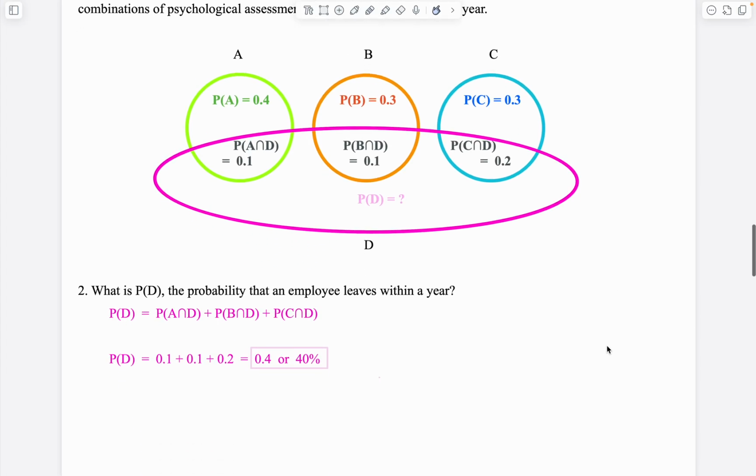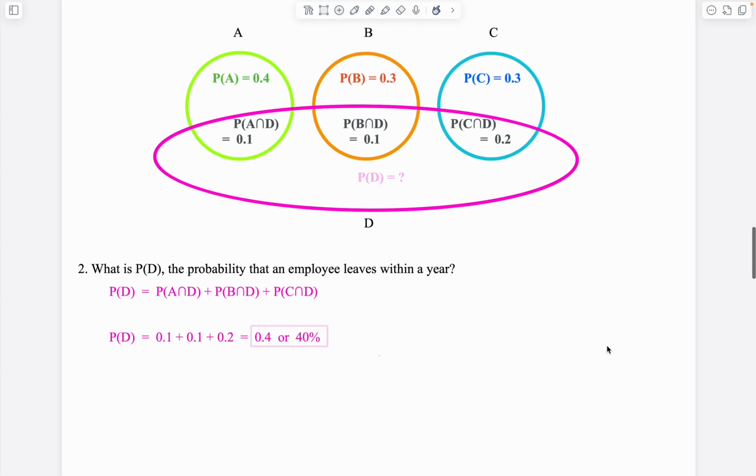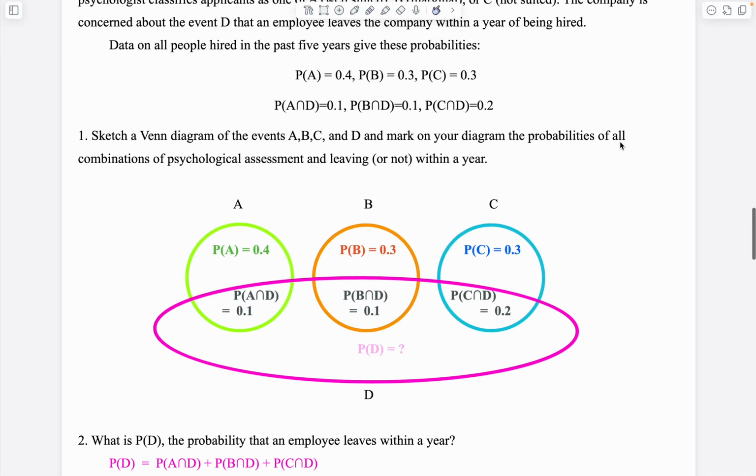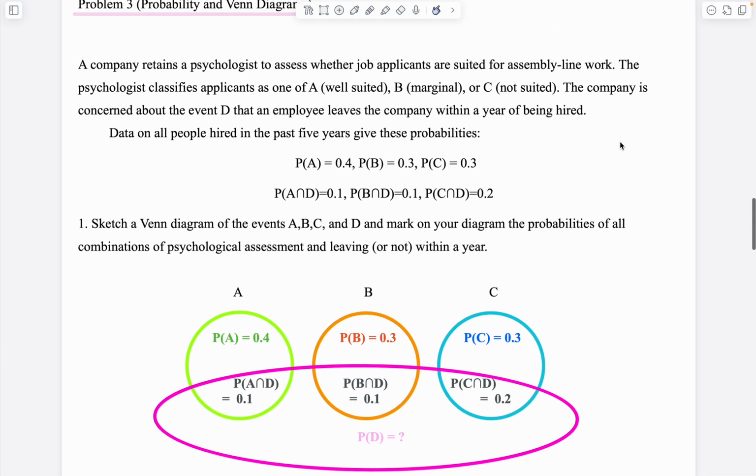So that next question asked just that. What is the probability of D, the probability that an employee leaves within a year? So to find the probability of D, you would just add all of the probabilities of each of these groups that overlap into D. So the probability of being well suited and leaving within a year is 0.1.